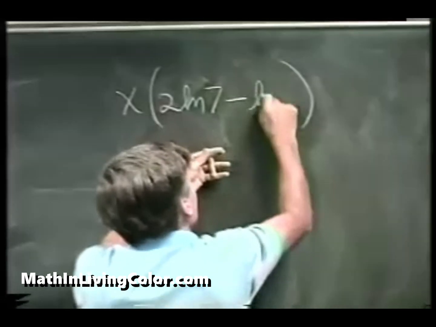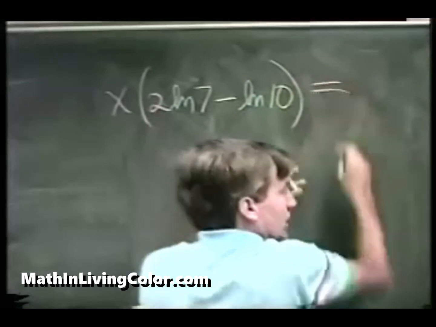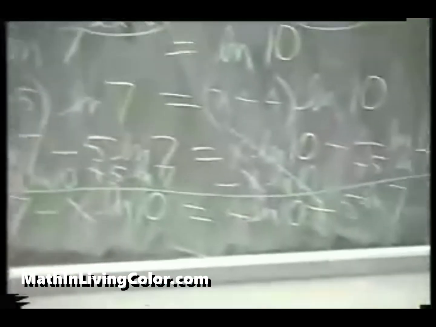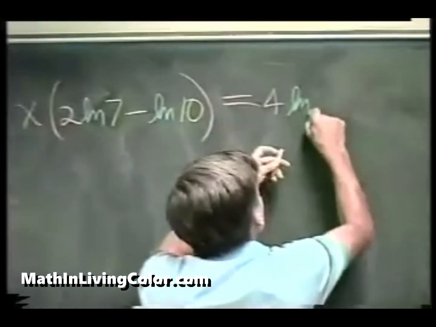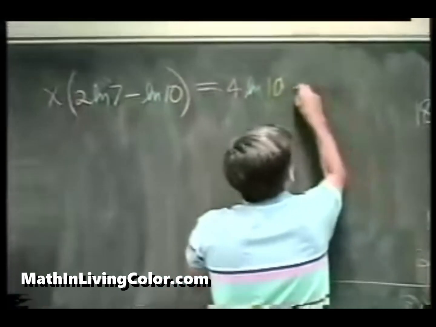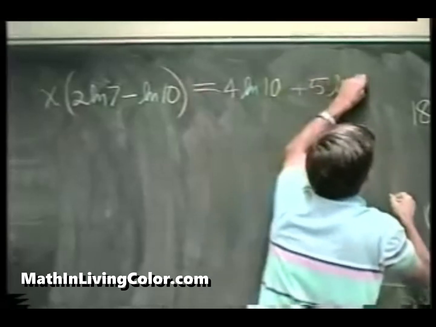Okay, and what that equals is 4 ln of 10, 4 times the ln of 10, and then plus 5 times the ln of 7, right?